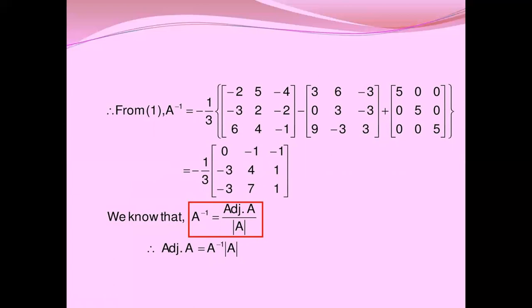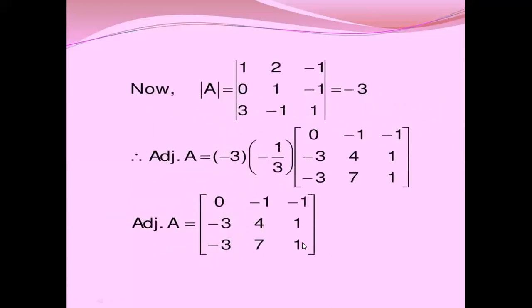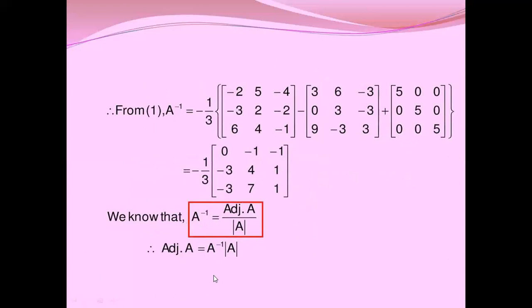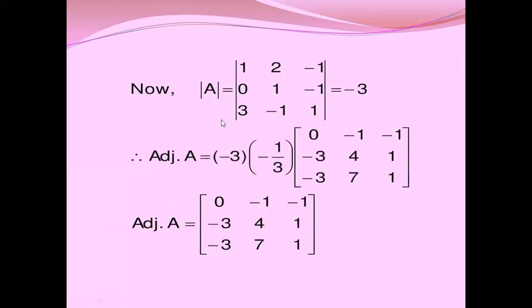And we know that A inverse equal to adjoint A by det A. So adjoint A equal to A inverse into det A. Let's proceed. After substituting the values in this formula, det A equals the determinant of 1, 2, minus 1, 0, 1, minus 1, 3, minus 1, 1.